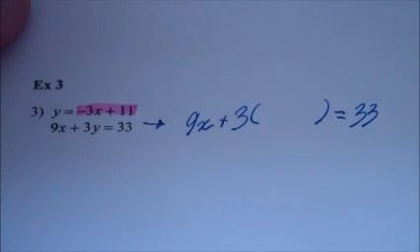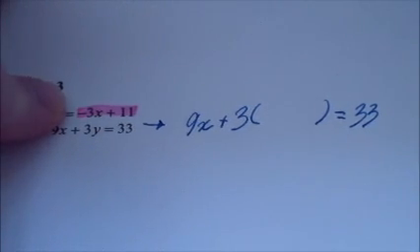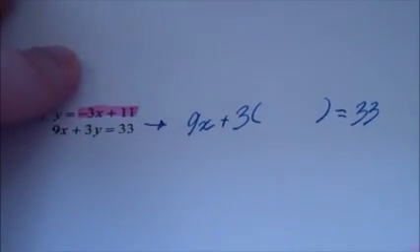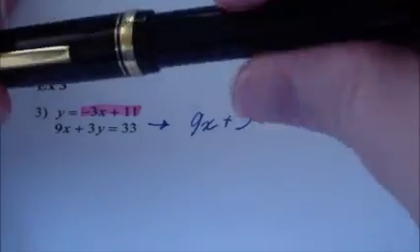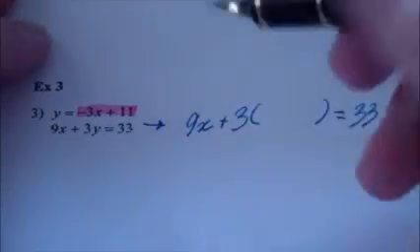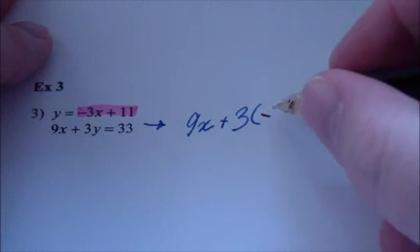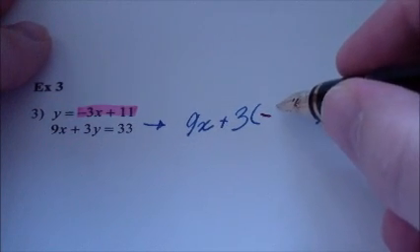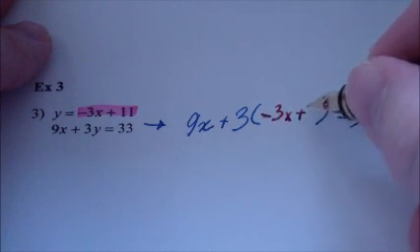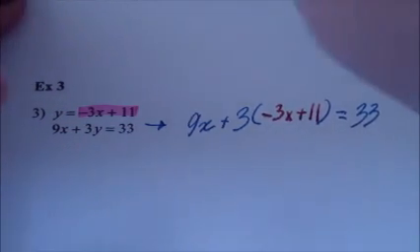Okay. Take this value, the negative 3x plus 11, plug that on in. In fact, let's just switch up the pens here. So we have negative 3x plus 11.